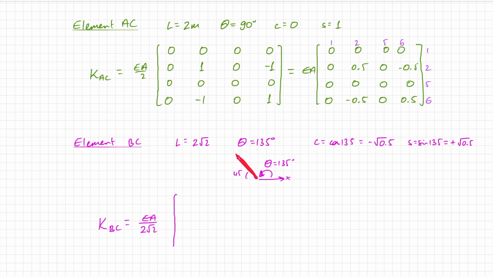And in here, essentially, we have multiplications of minus the square root of 0.5 and plus a square root of 0.5. So everything really is going to be 0.5. So we've got 0.5 here, then minus 0.5, another minus 0.5, 0.5, and I can continue to fill that in.